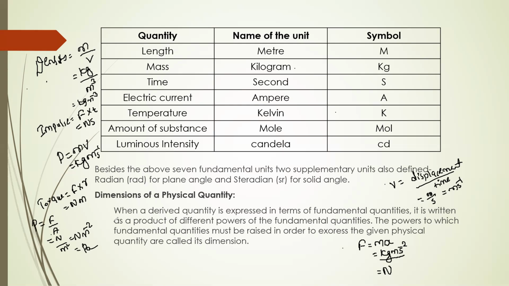Whenever you write a unit which is the name of a scientist, it should be written with a capital letter. If the unit's name is not a scientist's name, then you can write it in a small letter. This is the rule you need to follow, right? So this is regarding the derived units.